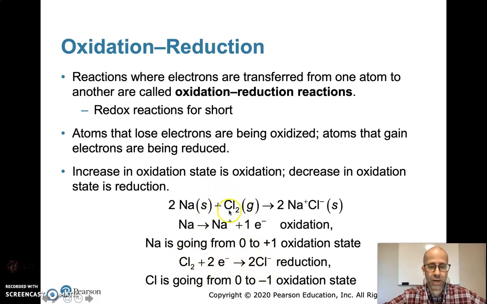Chlorine is going from a 0 oxidation state to a -1 oxidation state, so it's gaining electrons. Cl2 plus 2 electrons gives you 2 chloride ions. This is the reduction half reaction. Sodium is being oxidized, chlorine is being reduced.